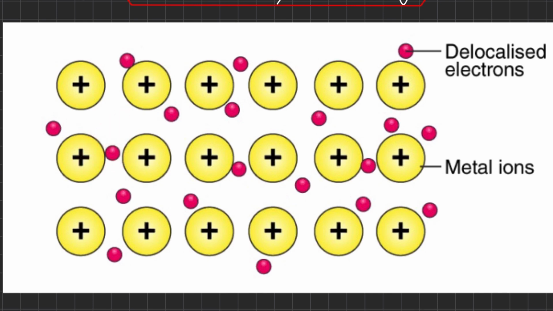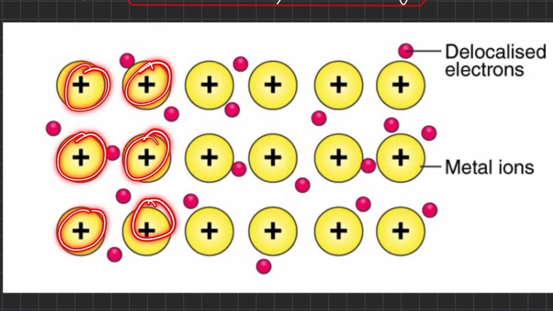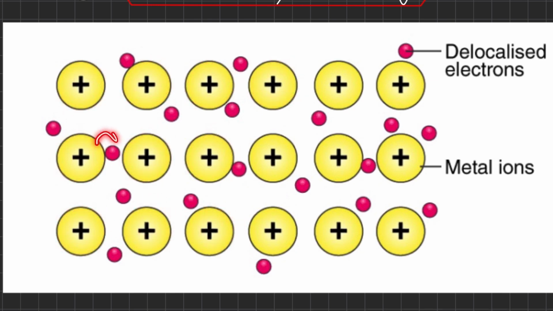The metal atoms are converted into metal ions or spheres, and sometimes these are called kernels. These kernels or metal spheres remain fixed or steady; they don't change their position. However, the electrons which these atoms lose are mobile and they can move from one atom to another.